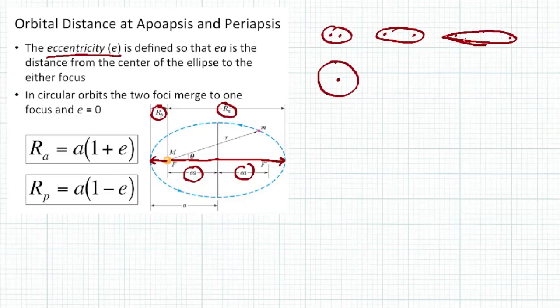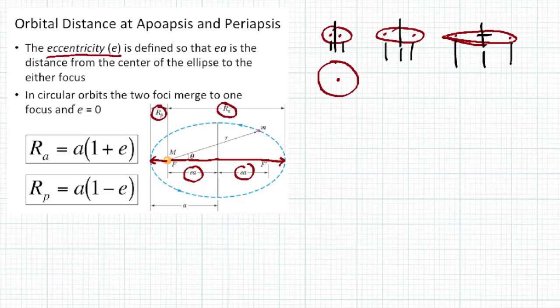The further and flatter an ellipse is, let's say this right here is the very center of the ellipse, well, the further and flatter that it is, the distance from the center to one focus and the center to the other focus is going to be getting greater and greater. Here's the center, now the focus. Distance is here, and here's the center, of course, the focus. Distances are much closer together.